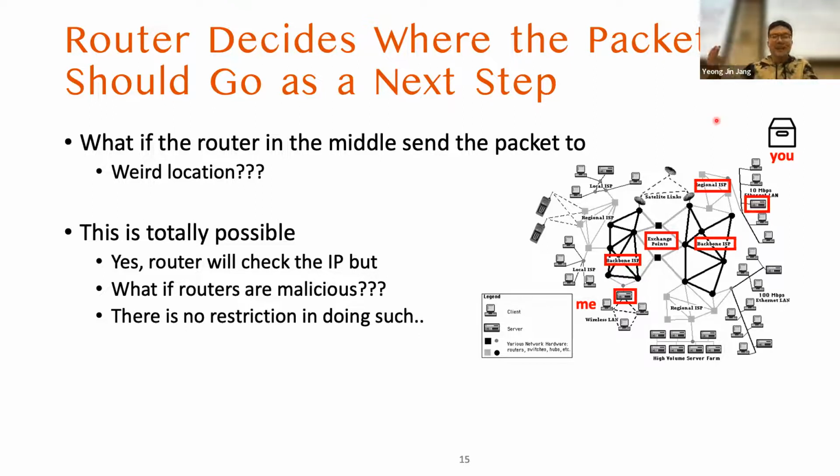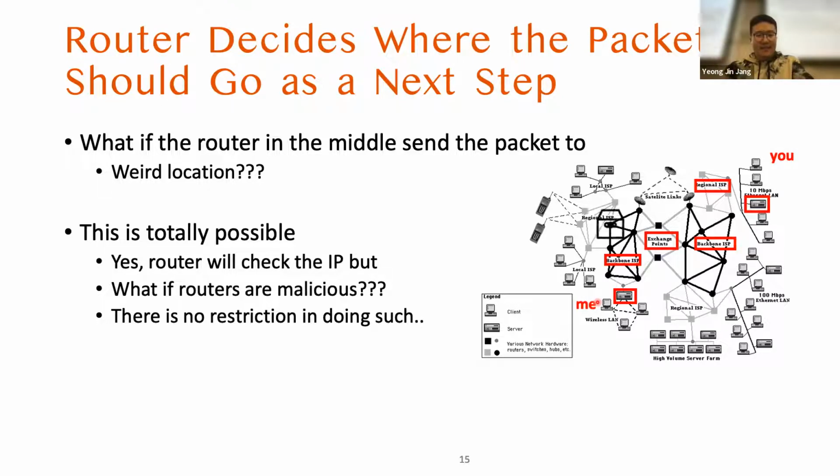Another bigger threat is that the router, the middleman, can redirect the packet anywhere. When one person sends a packet to another person, we do not specify the route. The router chooses where to send the packet at the next step.